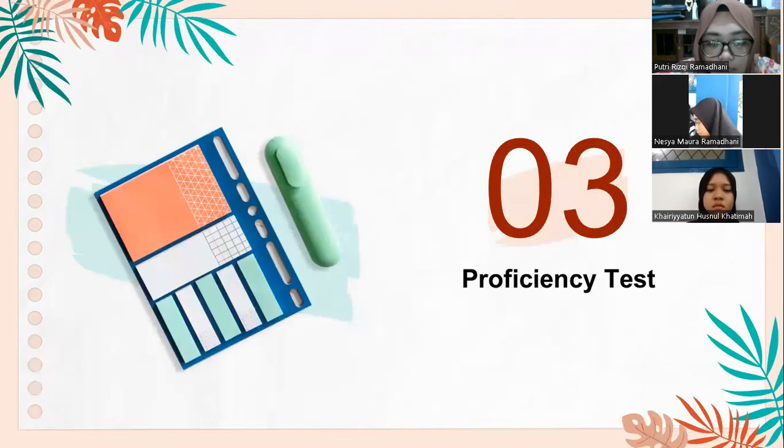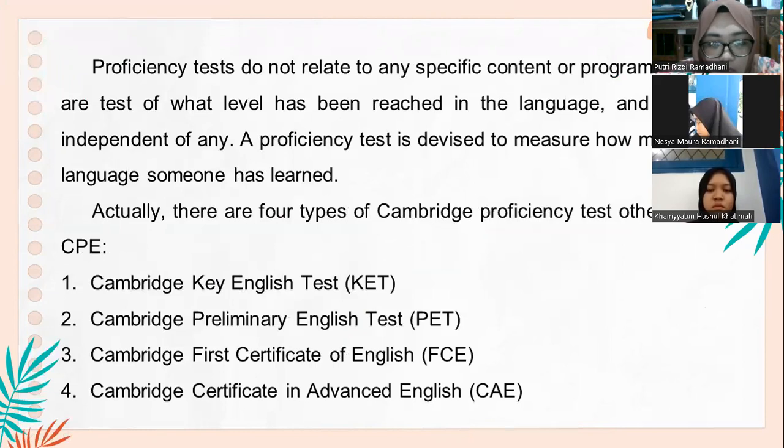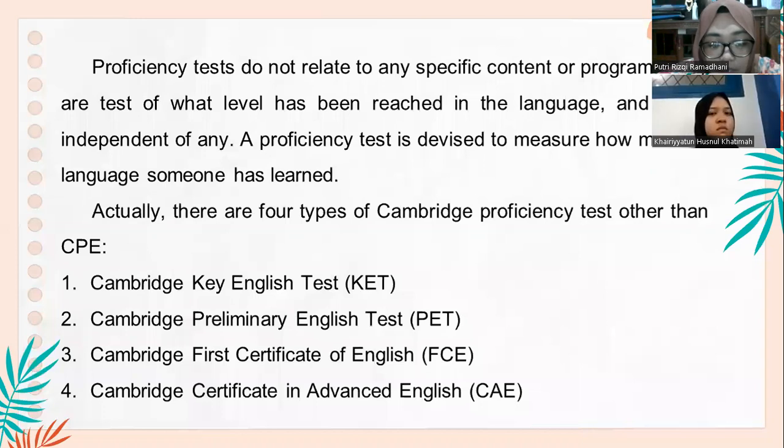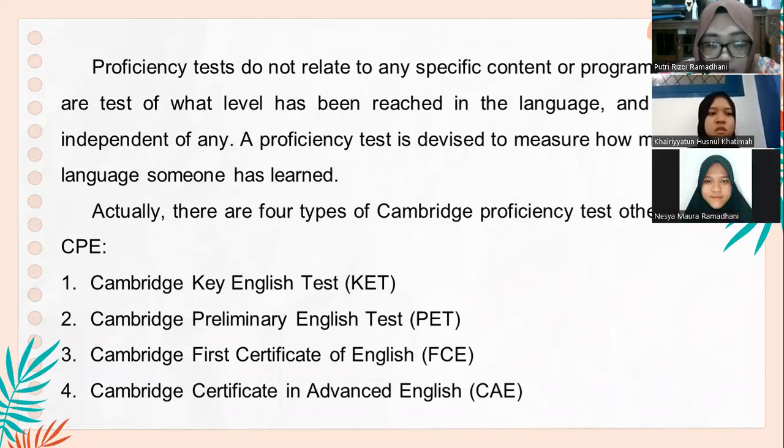And next is about proficiency tests. Proficiency tests do not relate to any specific content or program. They are tests of what level has been reached in a language and stand independent of any course. A proficiency test is devised to measure how much of a language someone has learned. Actually, there are four types of Cambridge proficiency tests other than CPE.